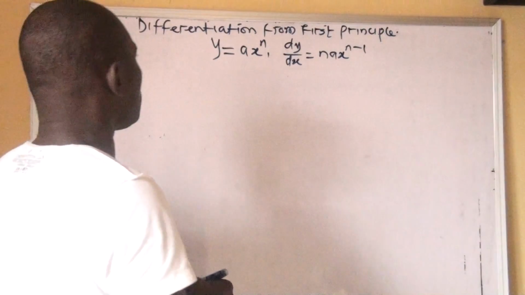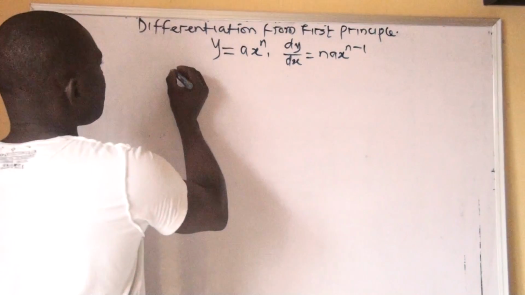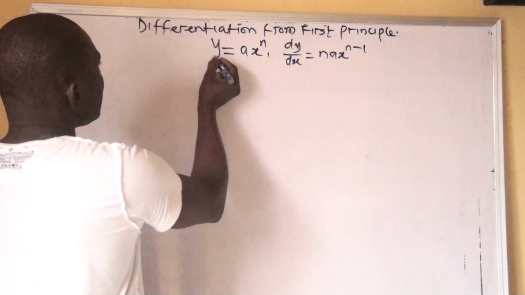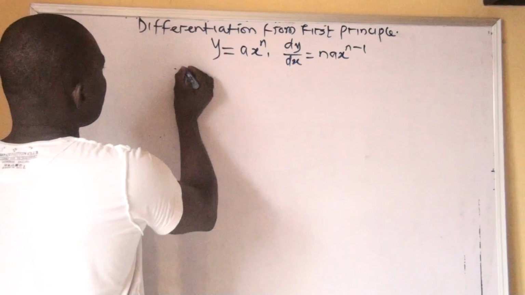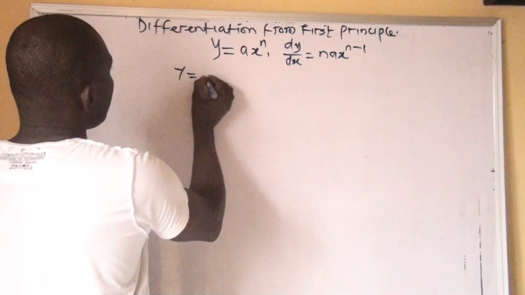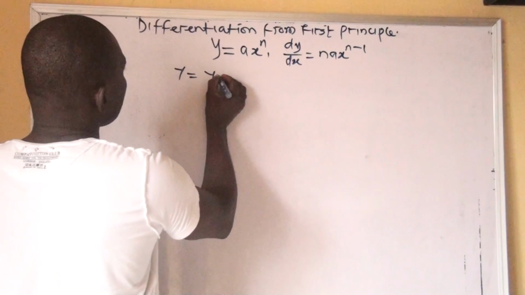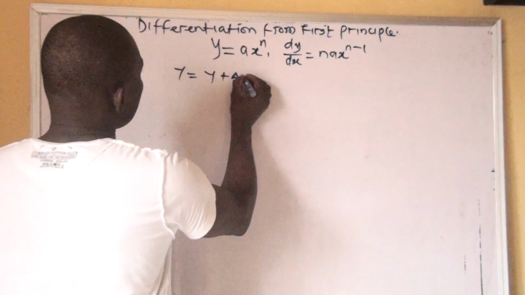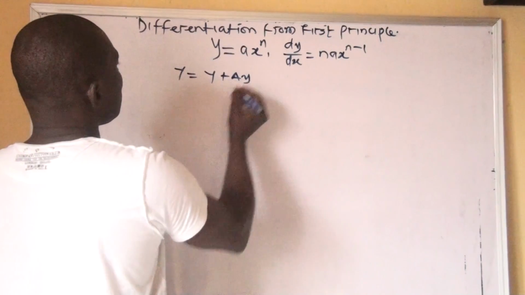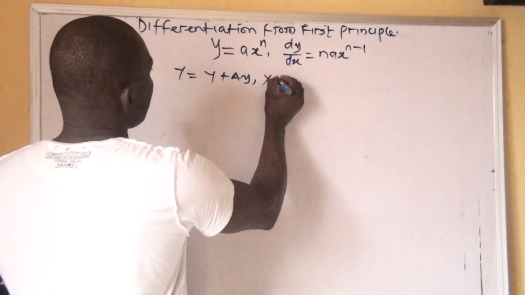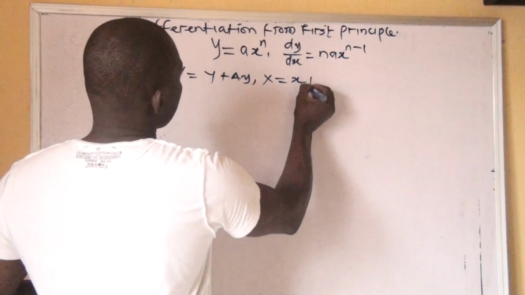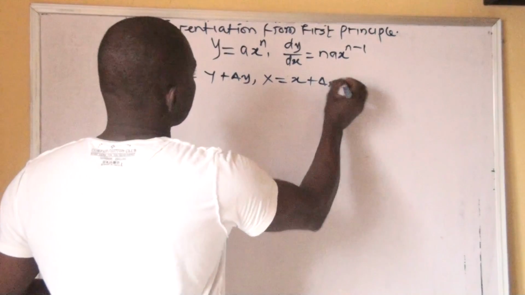From first principle, here your y becomes y plus delta y, and x becomes x plus delta x.